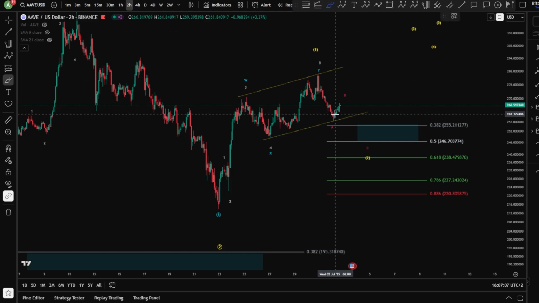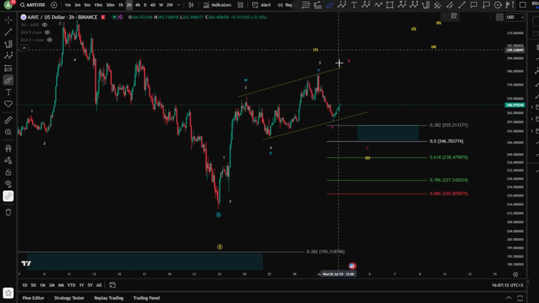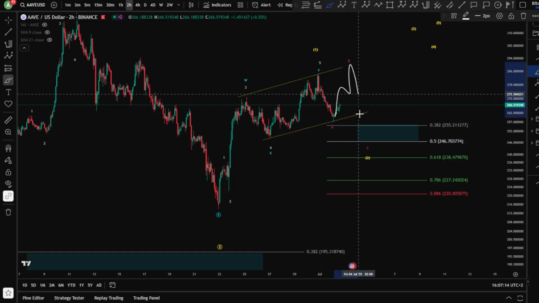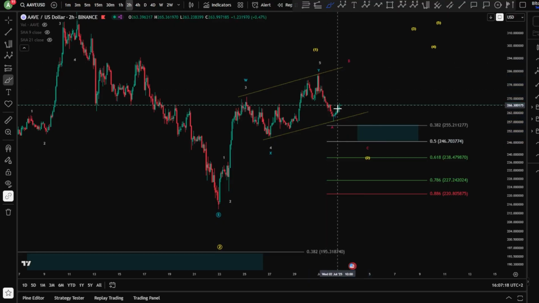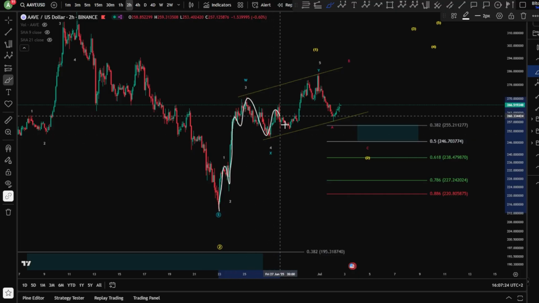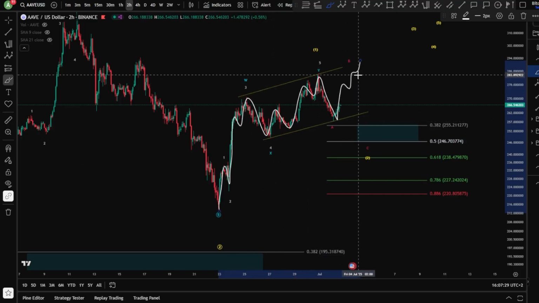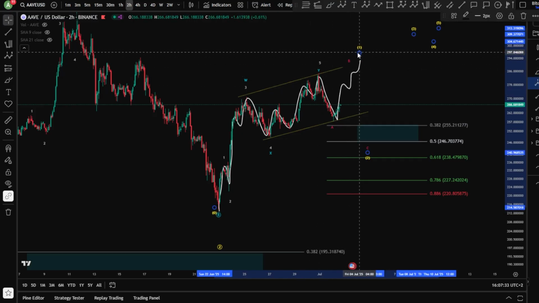Now another possible scenario is that this wave B can go even to the high, getting 3 waves up and then moving impulsively toward the downside as an expanding flat. It can also be a possible scenario where you have an impulse 1 2 3 4 5, correction, 1 2 3 4 5, correction, and then 1 2 3 4 5, and this means a diagonal wave 1 finishing over there.